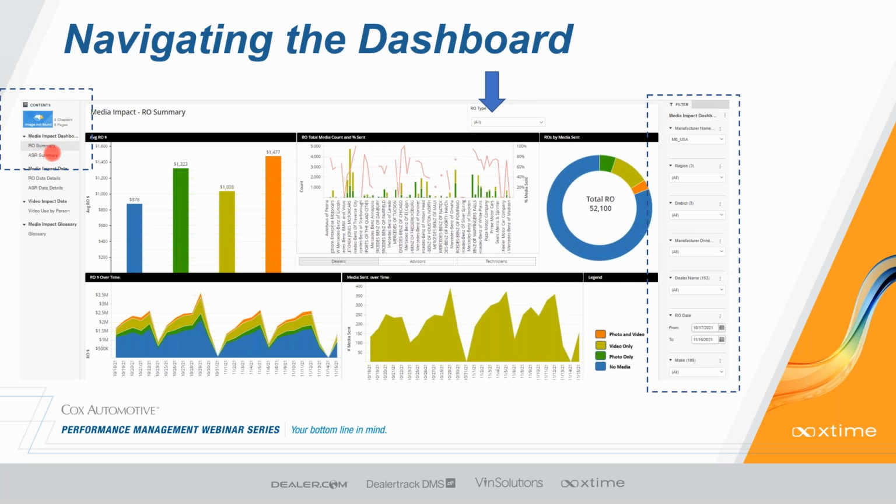The RO summary is going to be all-inclusive of everything. If there's a video that exists in there, we're going to take that into account. Now, the ASR summary is only going to be specific to ROs that have an ASR added to it, so it's going to exclude everything else.